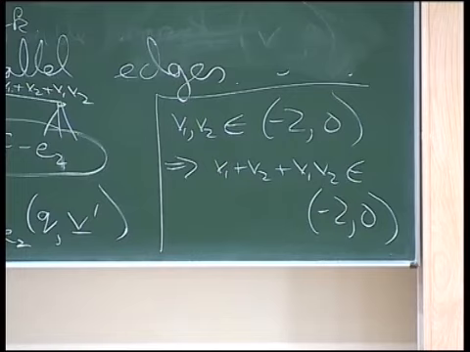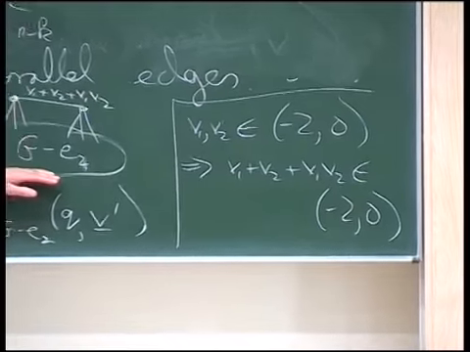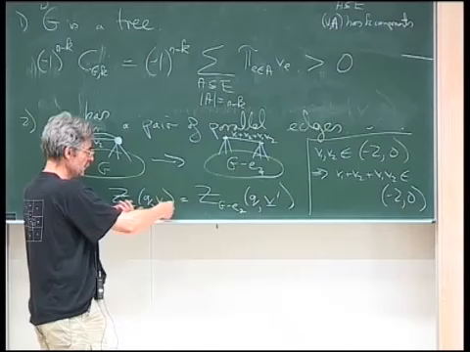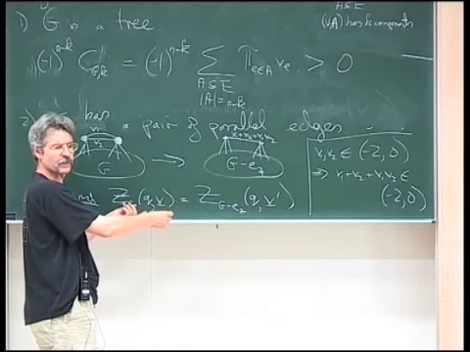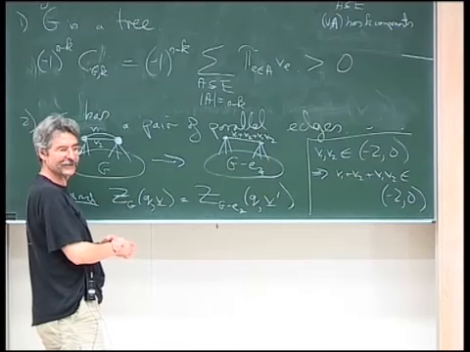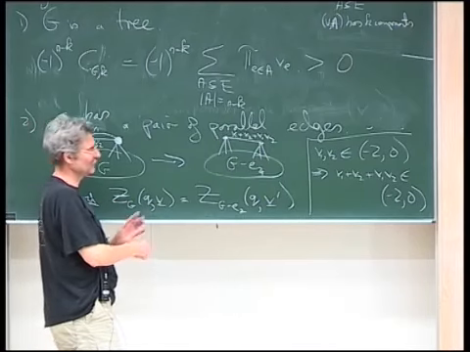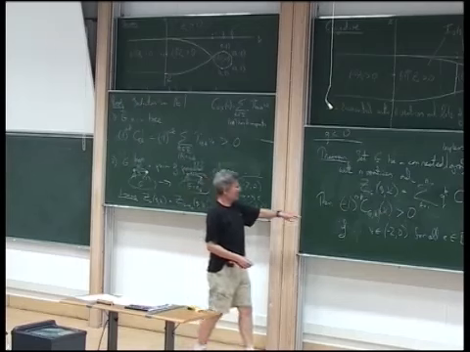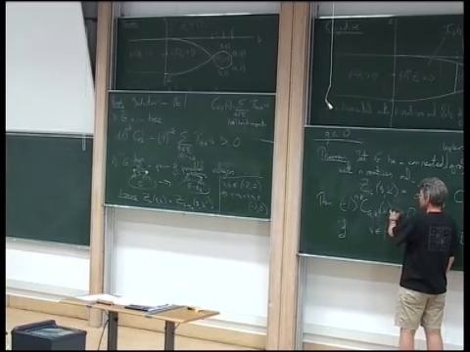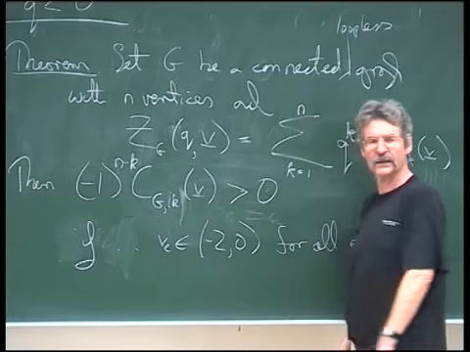So we can apply induction to this graph, and the polynomials are the same. The coefficients are the same. The number of vertices is the same. So if this holds for G minus e2, k and v', then it holds for G, k and v.